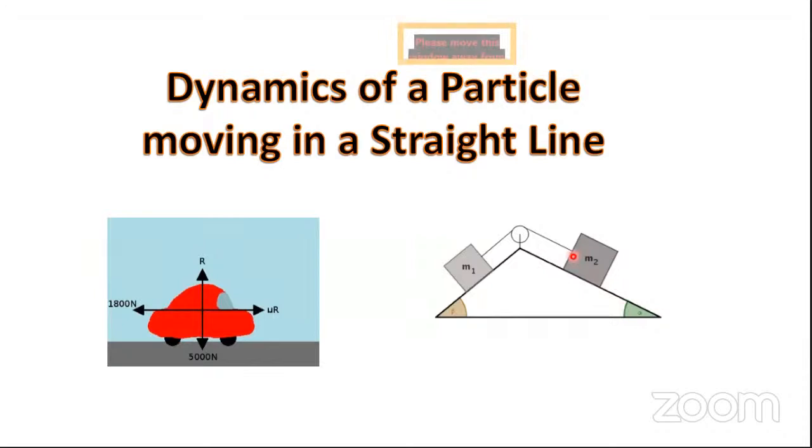And these two particles, M1 and M2, are connected by a string that is passing over a fixed pulley. So in diagram 1 and diagram 2, we expect that there is motion that is going to occur in these particles. So that is what we are going to majorly look at in this lesson today. So we are going to look at those particles that are in motion.